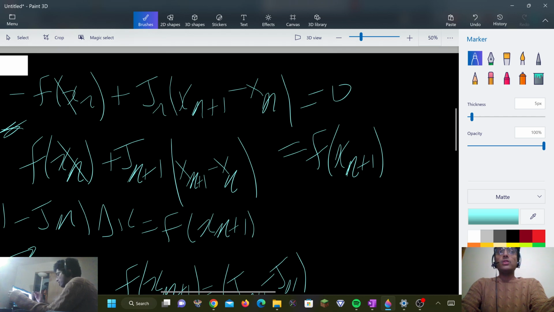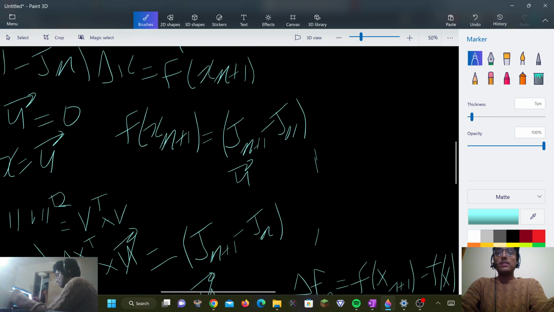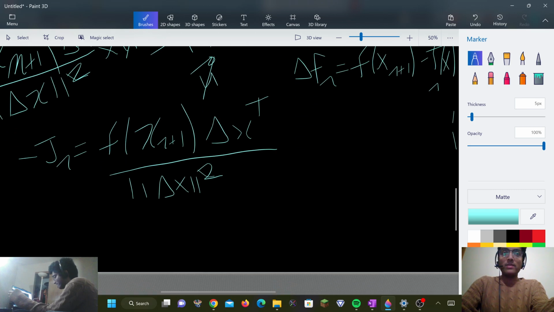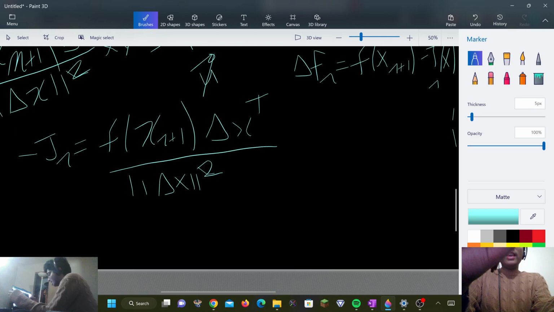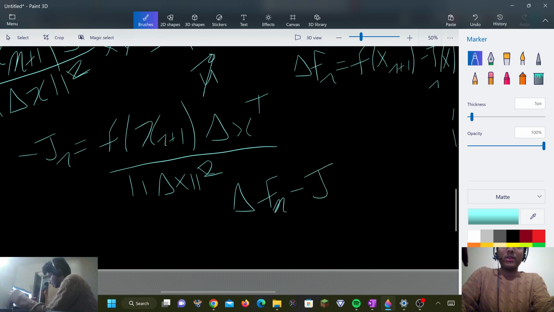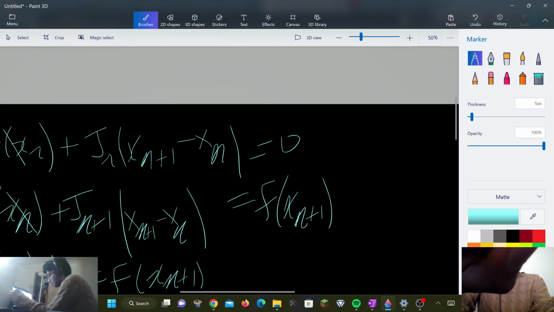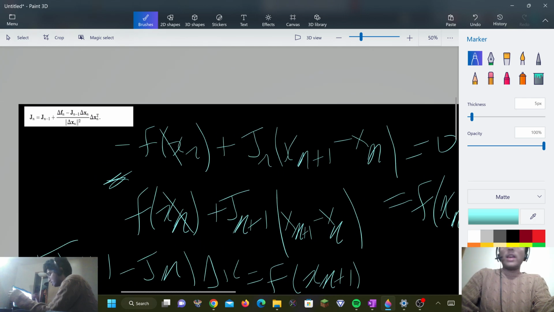So if you subtract that over, you get negative J delta x n. And if you do that substitution, what you're going to get here is delta f n minus J sub n, sorry, this should be n plus 1, I believe. Let me check real fast. Yeah, it should be n plus 1.